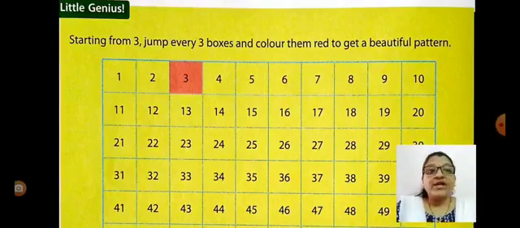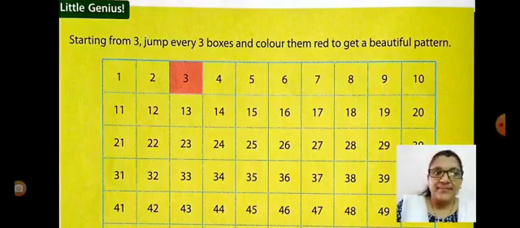Children, in your textbook, you see the numbers given from 1 to 100 and number 3 is already colored with the red color. Now what we have to do here? Here we have to jump 3 numbers after number 3 and color that number red. And we have to continue this till number 100 by jumping 3 boxes and coloring it with the red color.